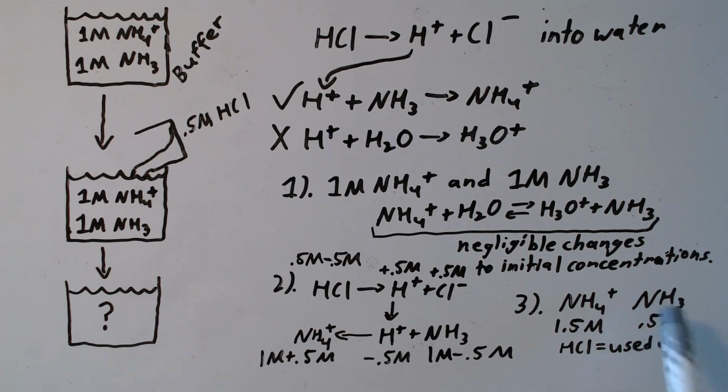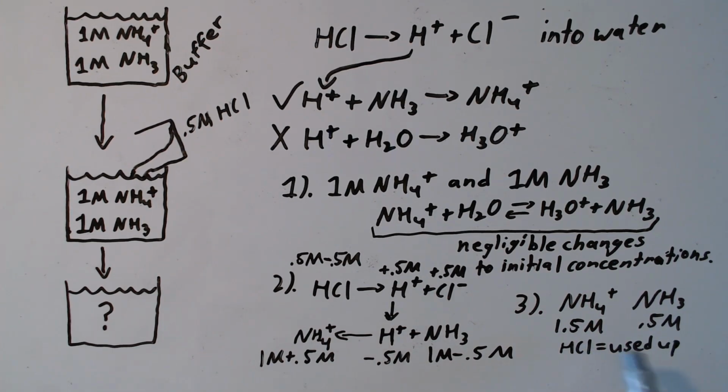But because this NH3 absorbed these H plus ions from HCl to make more NH4 plus, and this NH4 plus is not that good at releasing these H ions, the change in pH is much lower. It doesn't change as much because there are fewer of these free H plus ions. Because the NH3 took them up, made more NH4 plus, and this NH4 plus is much worse at releasing these H pluses than HCl was.